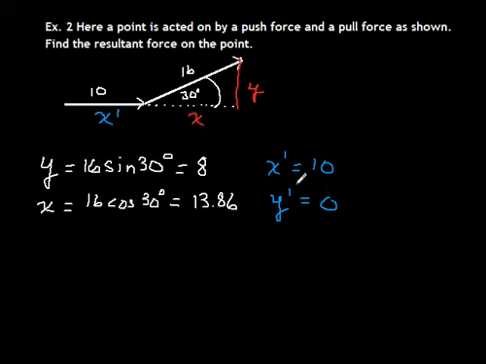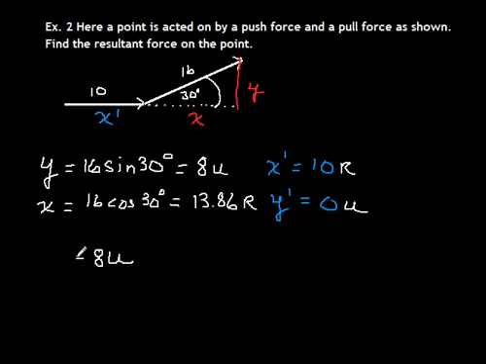So we're just going to add those together. So our y-coordinate would be 8 up. Our x-coordinate is 13.86 right. This is going to be a right as well, and this is our up. So if we add our ups together, our y-coordinates added together would just be 8 up.